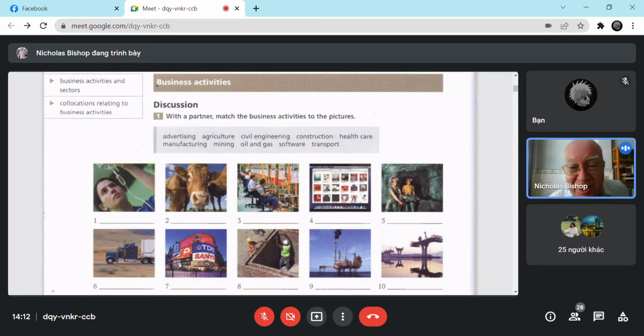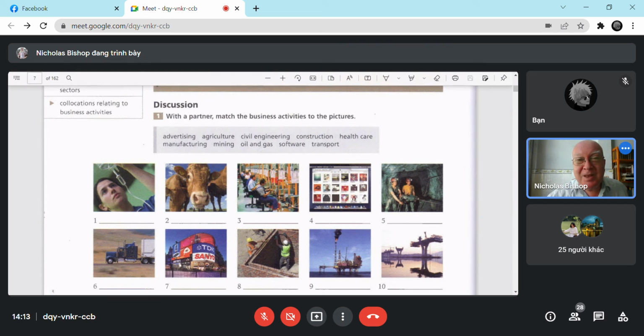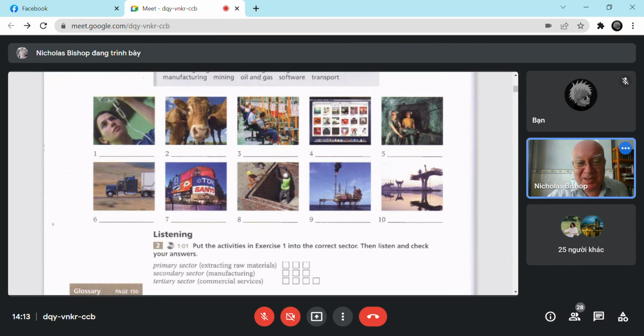Civil engineering is usually public works, as you mentioned, bridges and roads and big buildings like airports or things which are for services for the public, for people. That's civil engineering. So everybody happy so far? That's just some basic business activities.